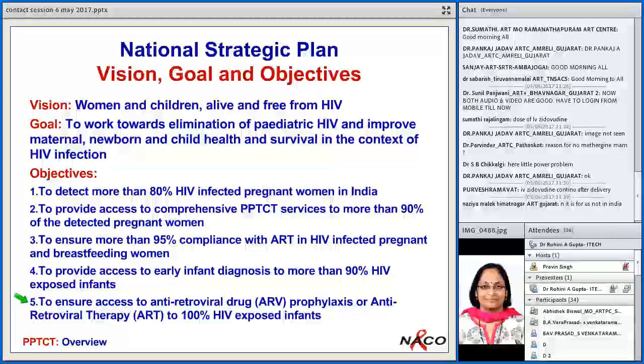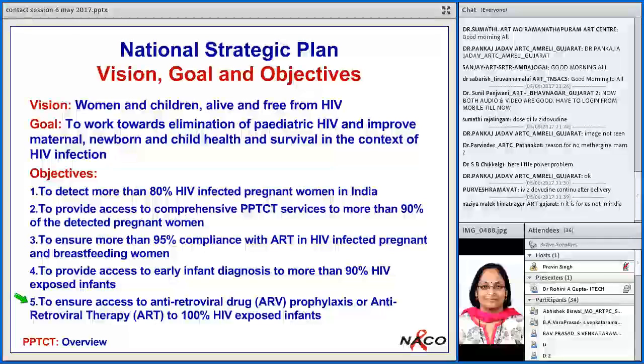And fifth, to ensure access to antiretroviral drug prophylaxis, or if the baby is diagnosed infected, ARV treatment, to 100% of HIV exposed infants. The meaning of this is that all babies born to HIV infected mothers need to be given ARV prophylaxis, or if diagnosed infected, prophylaxis is to be stopped and ARV started.